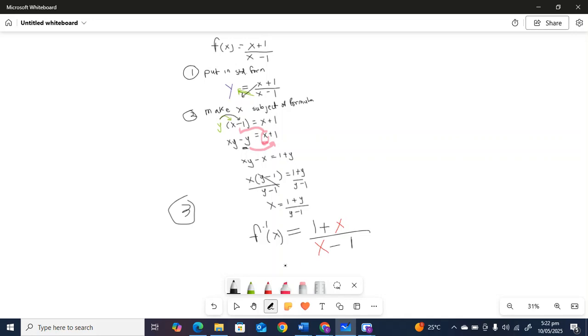Colleagues, what has happened here in this final stage? This x here has become the inverse function symbol. Then these y's here, this one at the bottom, this one at the top, they've changed back to x. So that is the inverse.